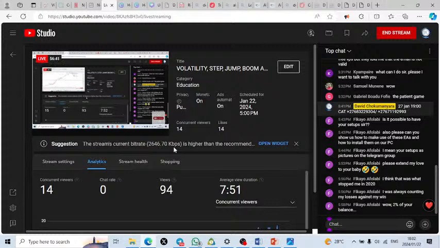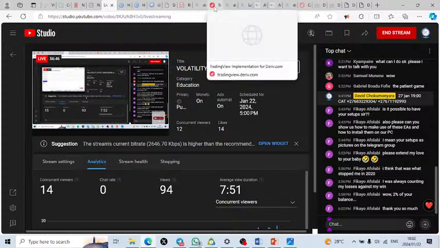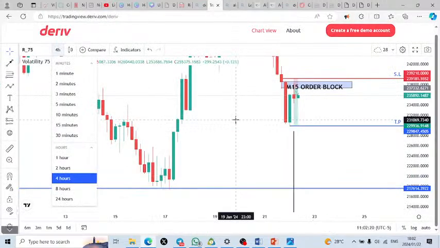But now I've realized that what will make you a profitable trader is this: if you are in a position to add on to your wins, if you are winning, don't cut your wins. This is the mentality or the mindset of a profitable trader.